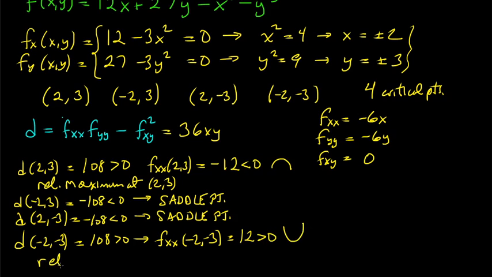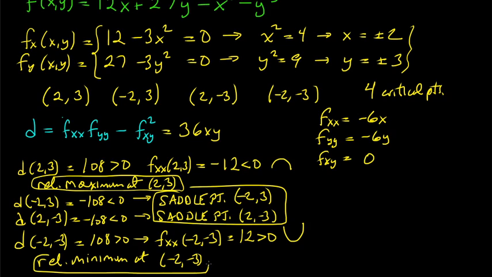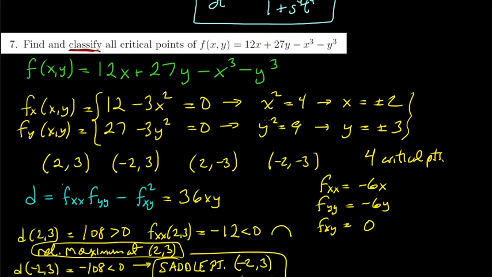So we have a relative minimum at the point negative 2, negative 3. So 2 saddle points, 1 maximum. Yeah, here are the saddle points. I didn't write them down. And then 1 relative minimum at negative 2, negative 3. All right, that's it for number 7.